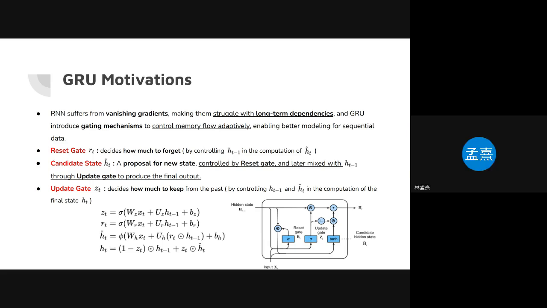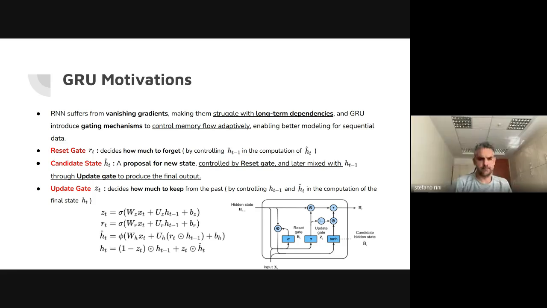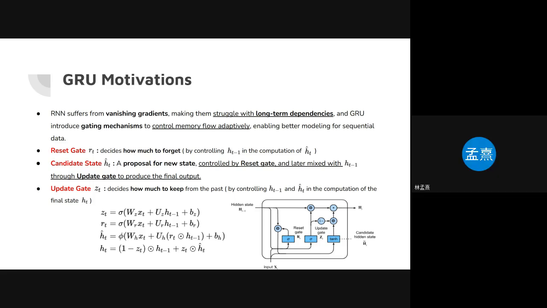Okay, so here are the GRU motivations. Since RNNs suffer from vanishing gradients, which makes them struggle with long-term dependencies, GRU introduced gating mechanisms to control memory flow adaptively. They introduce reset gates, which decide how much to forget by controlling the previous state in the computation of a candidate state.